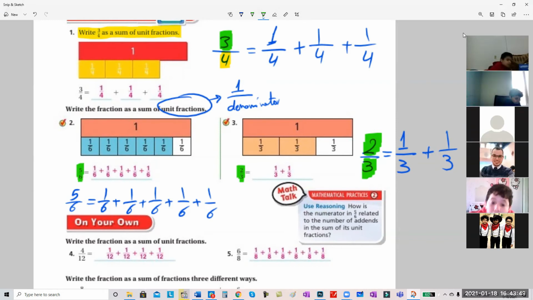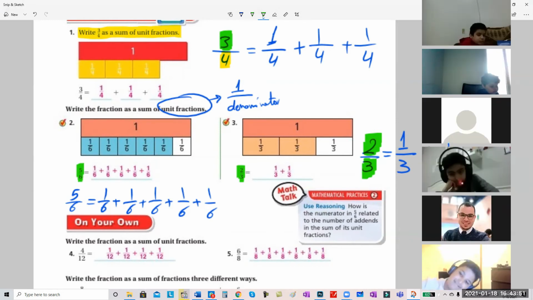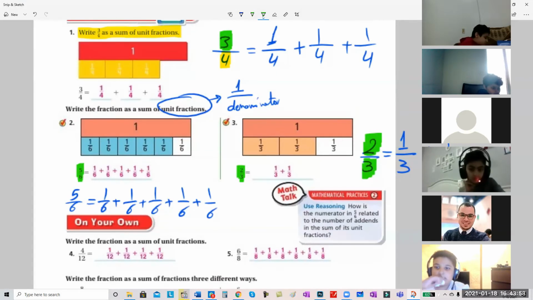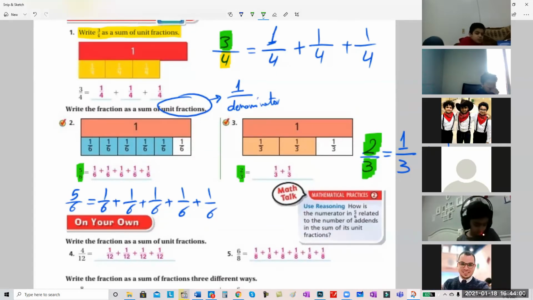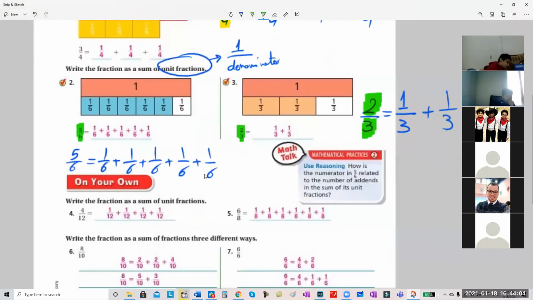Okay, I'll choose randomly now. What about Sultan? Okay, Sultan, tell me the next one, number 4. Write the fraction as a sum of unit fractions.